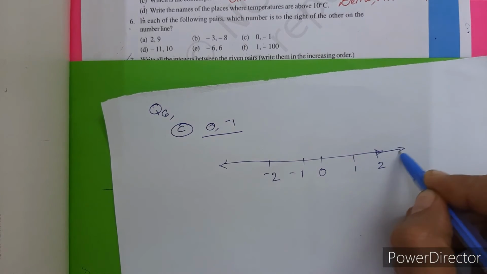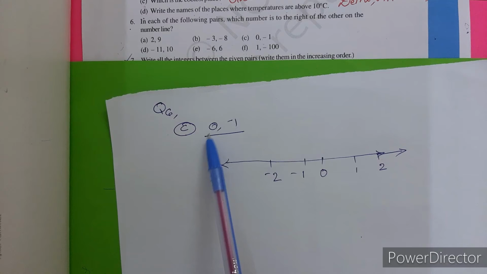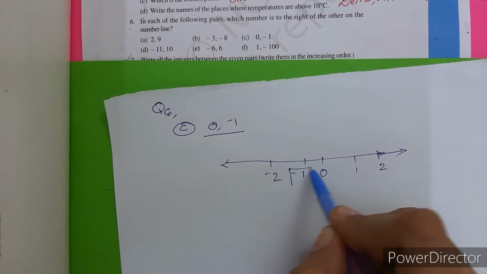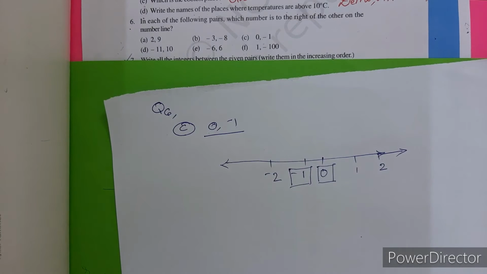The given numbers are minus 1 and 0. Minus 1 is here and 0 is here. You know that a negative integer is always smaller than 0. So obviously 0 is right to minus 1.